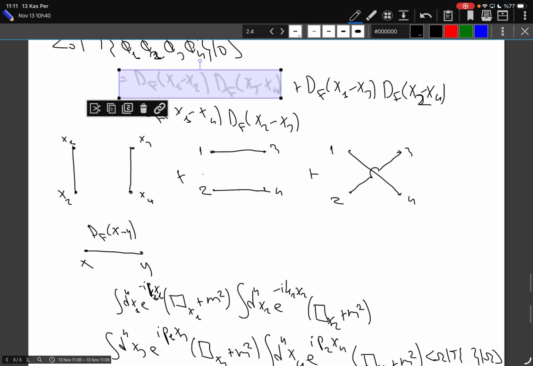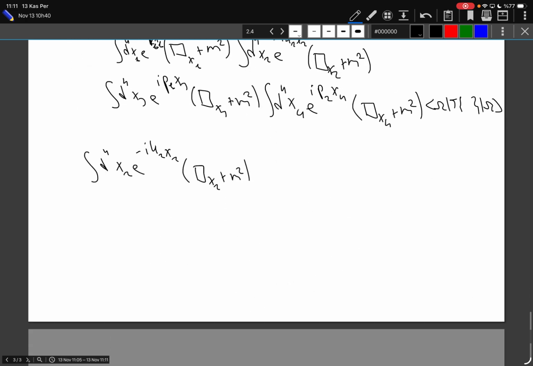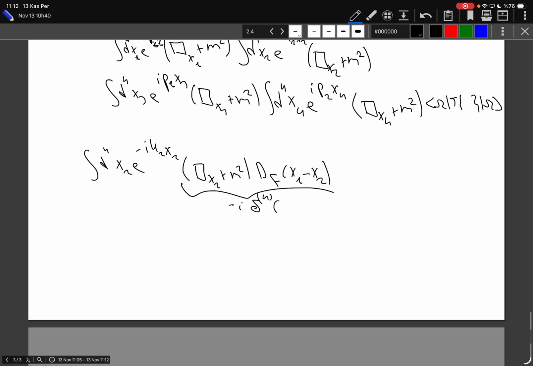More or less the same thing will happen for all the other terms. The x2 is only in this Feynman propagator, which is the Green's function of that operator. So that is minus i Dirac delta 4 of x1 minus x2.